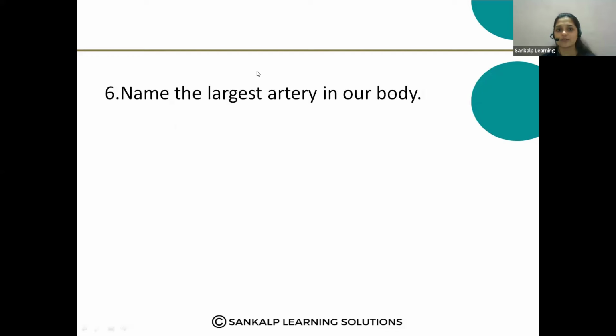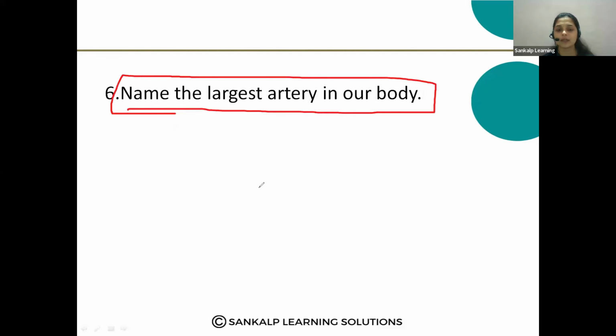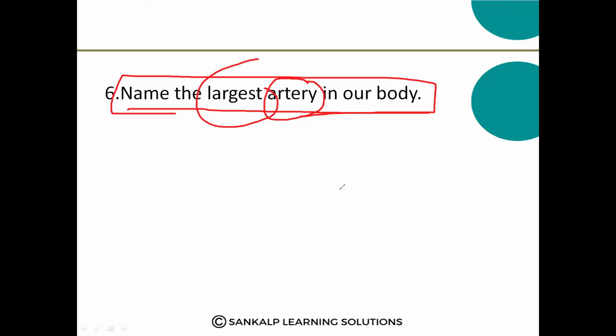Next question is, name the largest artery in our body. The largest artery carries the oxygenated blood to all the parts of our body. Which is the largest artery? Anybody? Do you know the answer? Lungs?